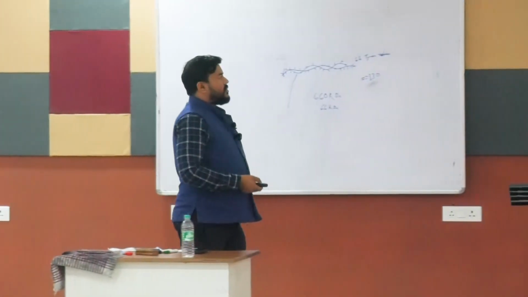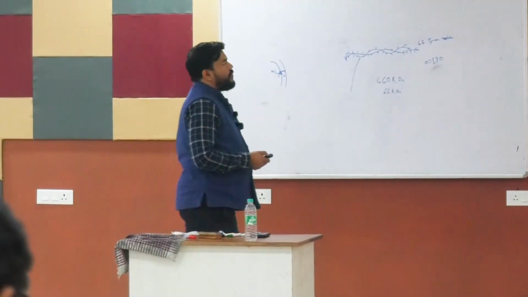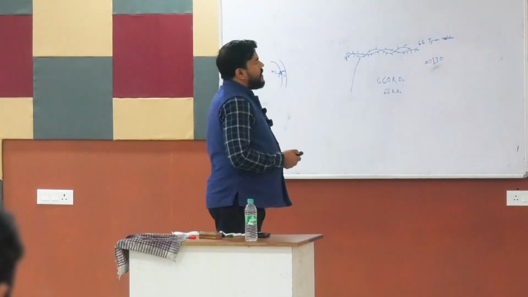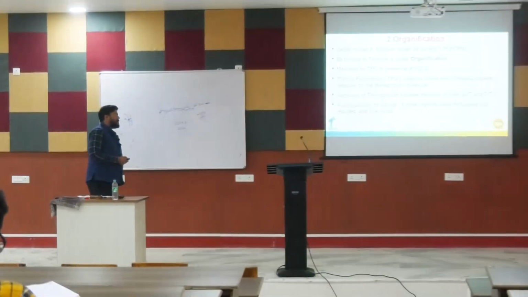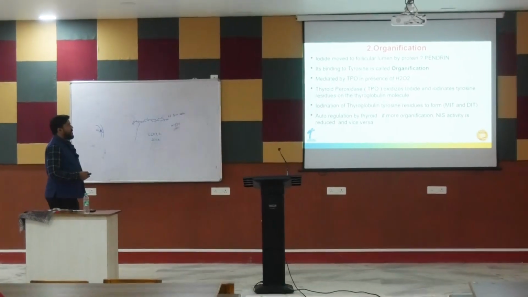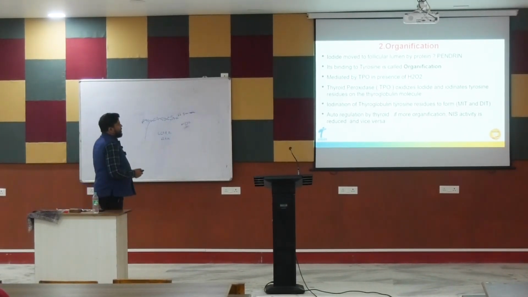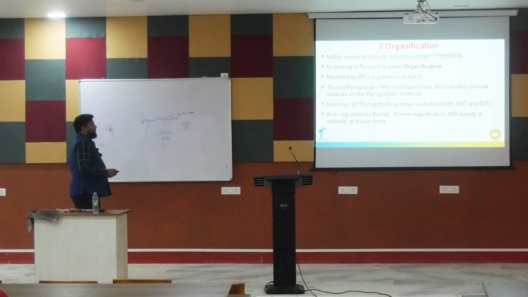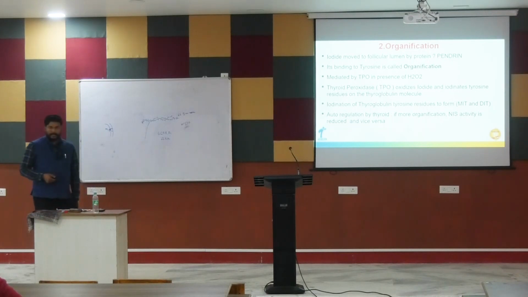So next is organification. Iodide moves to the follicular lumen by the protein pendrin. Its binding to tyrosine is called organification. This is mediated by thyroid peroxidase in the presence of H2O2, hydrogen peroxide. Thyroid peroxidase oxidizes iodide and iodinates tyrosine residues on the thyroglobulin molecule, and there is formation of monoiodotyrosine and diiodotyrosine.